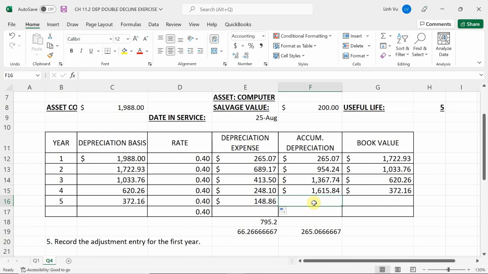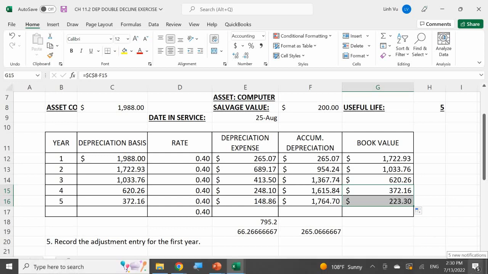So the accumulated depreciation 1615.84 plus 148.86 is 1764.70. Okay. So what is going to be my book value at the end of year 5? 223.30. Okay, good.